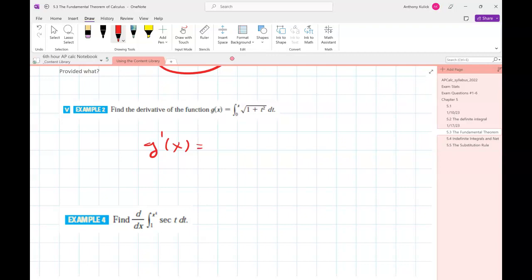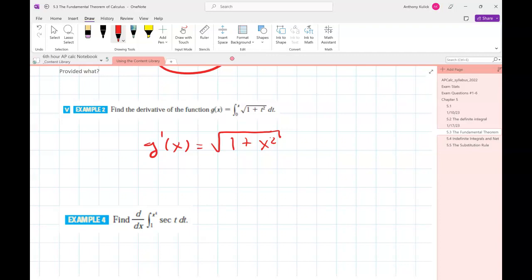Notice how big I'm writing this, because we're going to do it in one step. What's this derivative? The function that's inside the integral, where the variable is x. That's it. The derivative is just canceling out the integral.